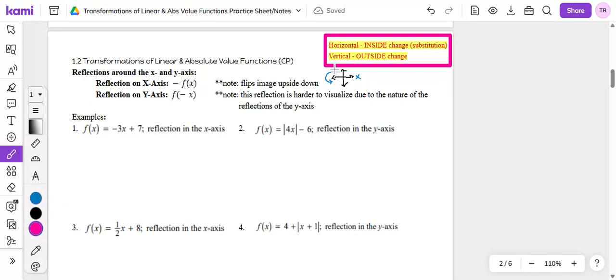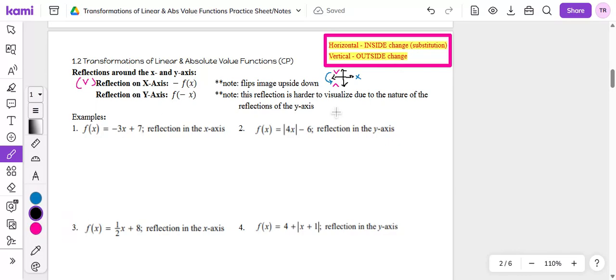If I had a V-shape, an absolute value graph, and I flipped it over the x, it is now upside down, and vice versa, whether I took it from the bottom to go to the top. So a reflection on the x-axis made something go from top to bottom or bottom to top. That is a vertical movement. So anything we do there is outside, and you can see that's where the negative is.